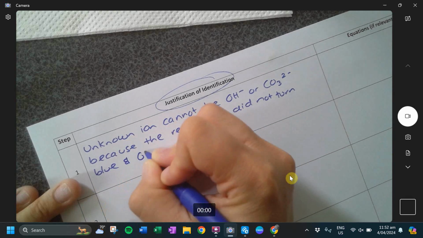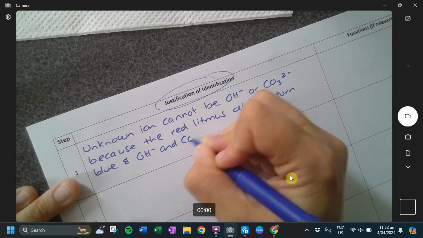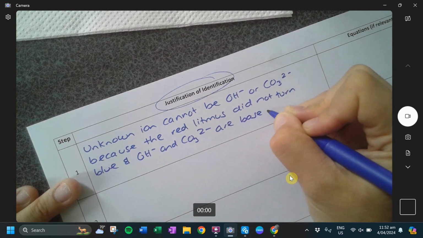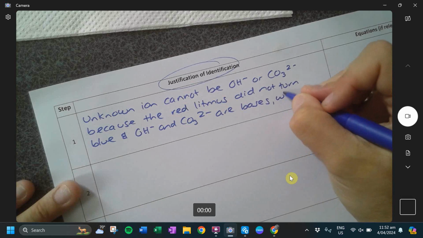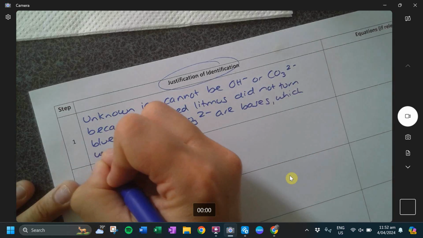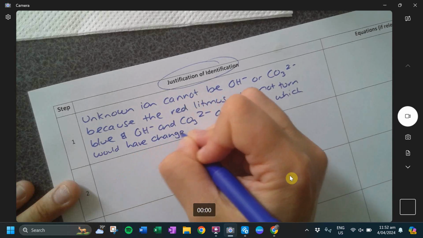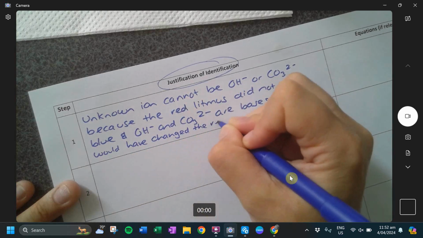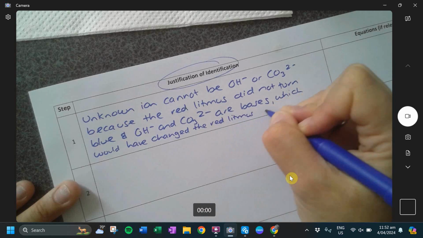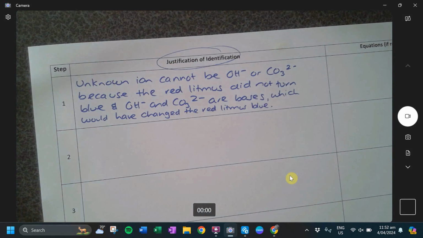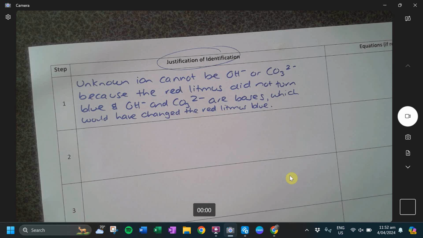And OH minus and CO3 2 minus are bases, which would have turned it blue. I could probably have written that more concisely. I am sorry about that. My brain is not functioning on all cylinders today, apparently. But that's basically what we're looking at for your justification. I know it's not these two ions because it's not turning the litmus blue.